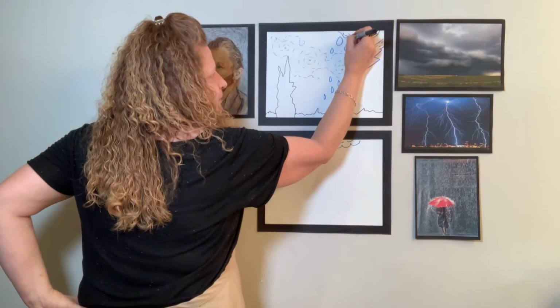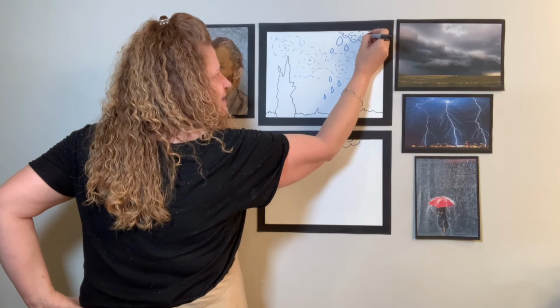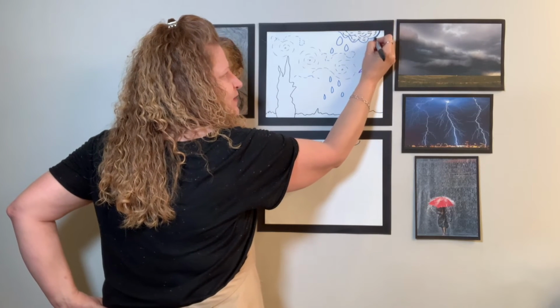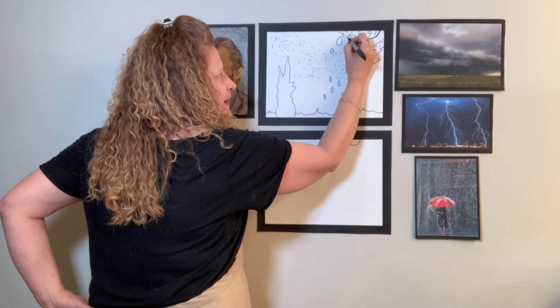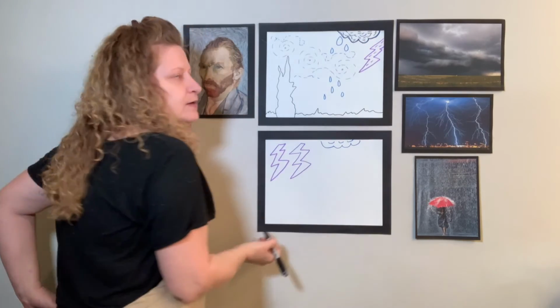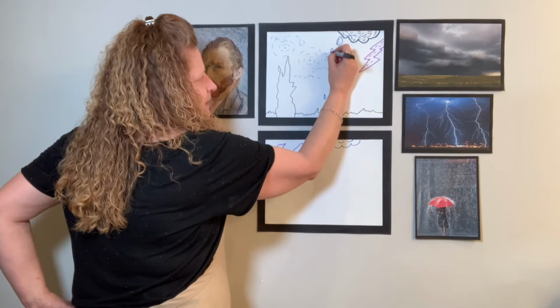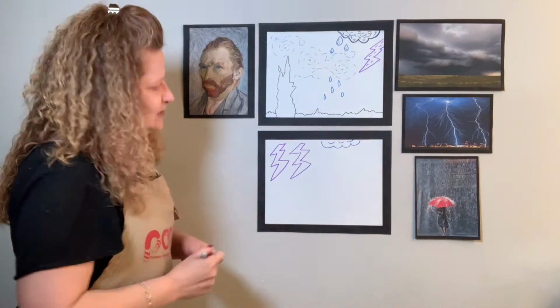So I could go back and put some of those dashes inside of my cloud. And even if you want the outside part to be black, you could trace around your blue line. Maybe you even want a little bit of the black in some of the raindrops that are in the top of your sky. Good job.